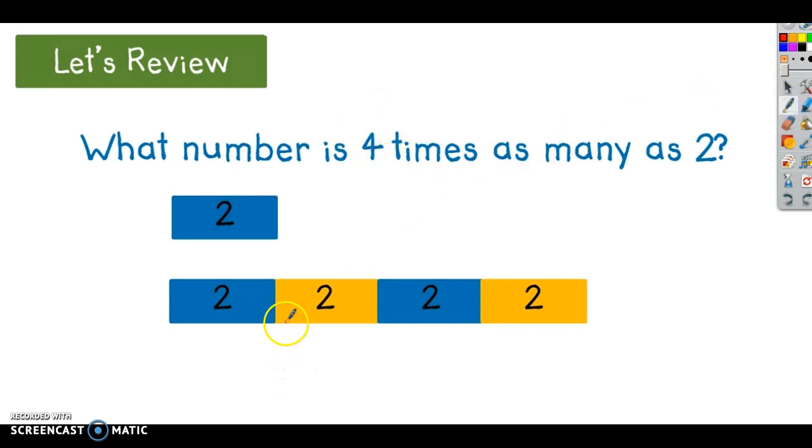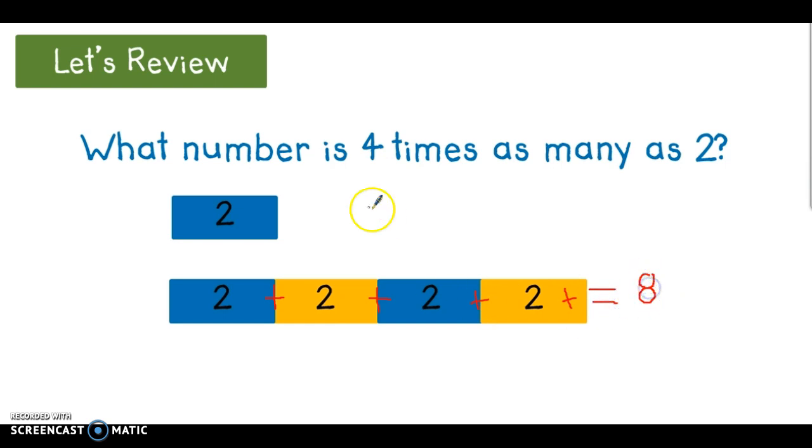And remember, multiplication is just repeated addition. So if you did 2 plus 2 plus 2 plus 2, you would get 8. So what number is 4 times as many as 2? 8. You can just kind of think of it as 4 times 2.